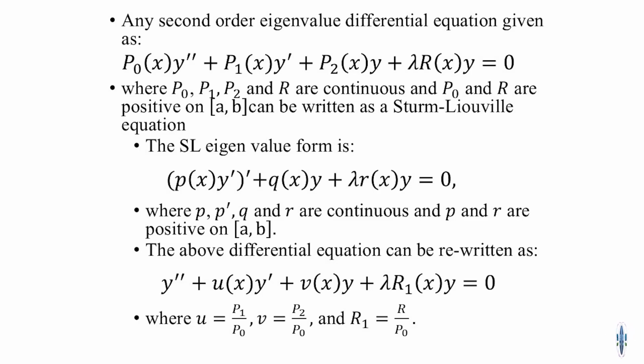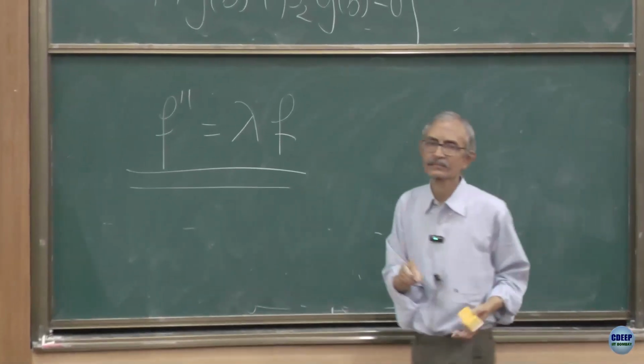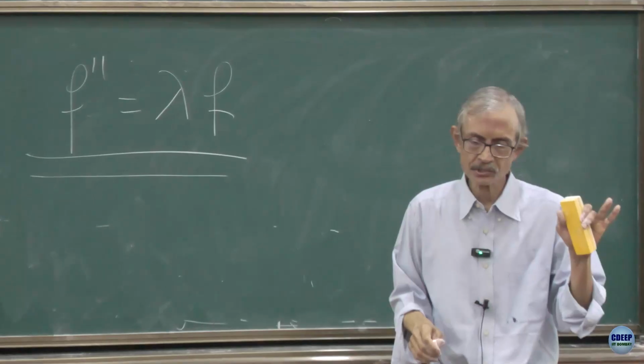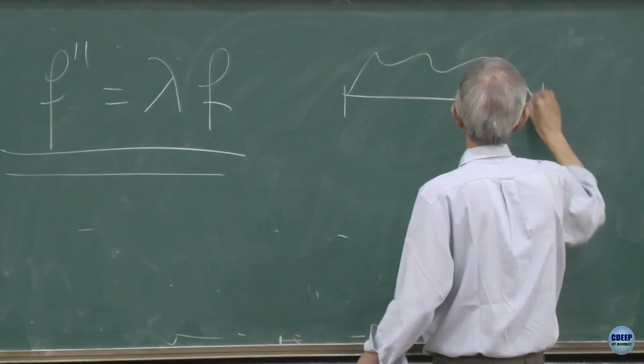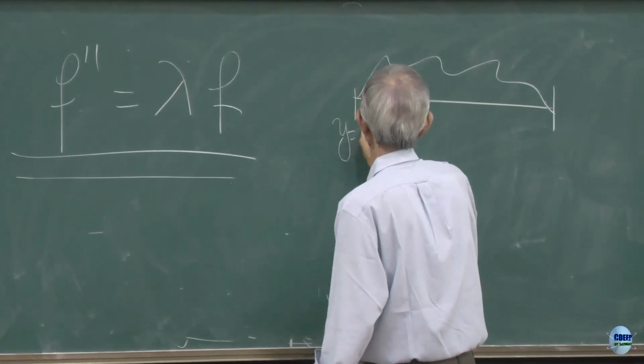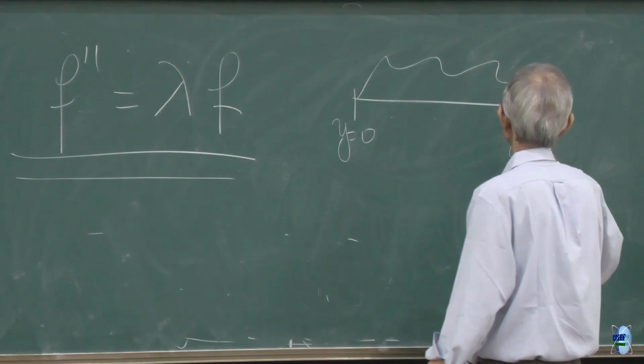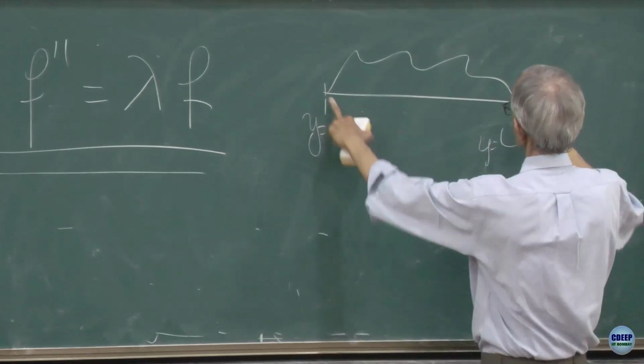The reason why we are interested in all of this, remember, is that our functions so far have been of the type F double prime equal to some lambda times F. This is what we have seen in the two situations. One situation was y equal to 0, y equal to L, where we said these 2 points are anchored.